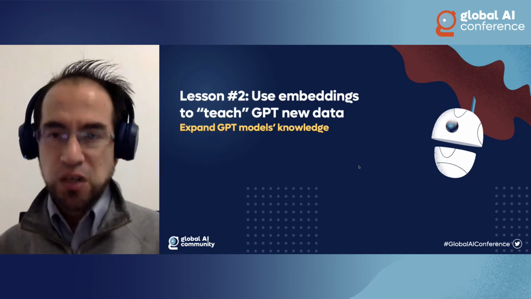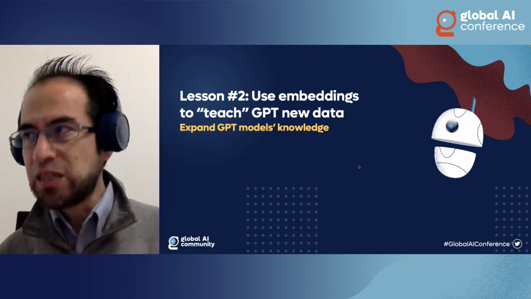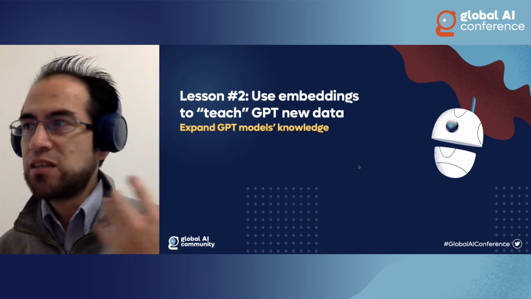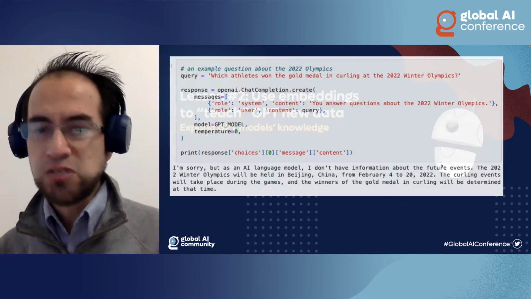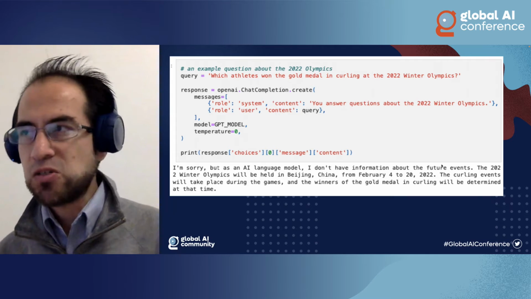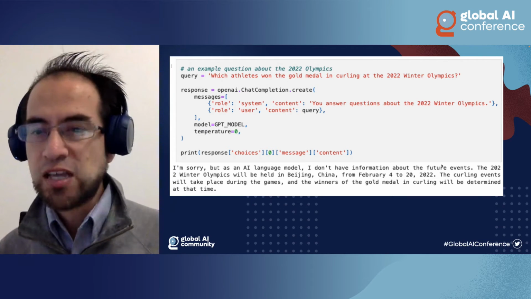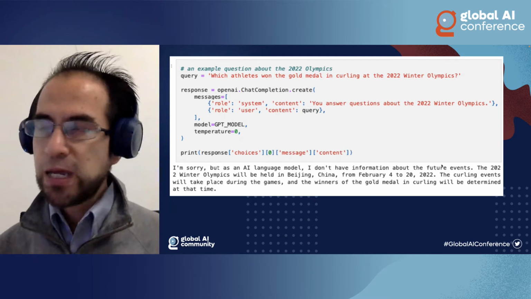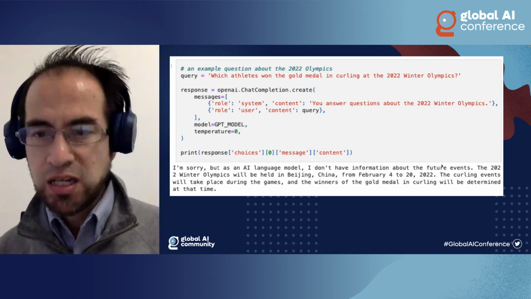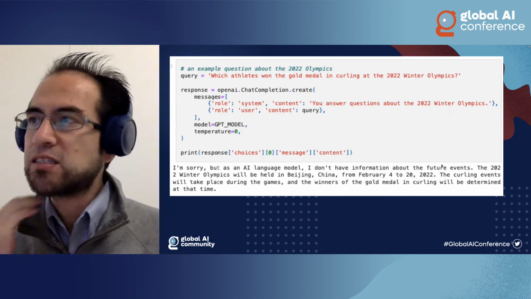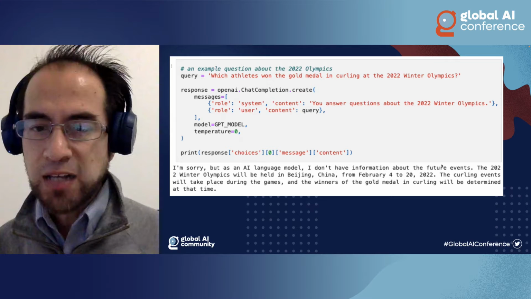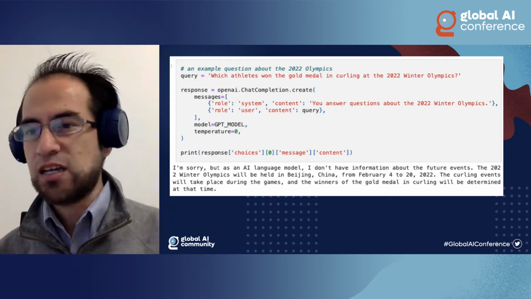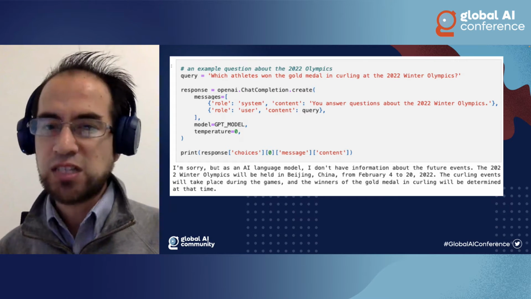Second one: use embeddings to teach GPT new data. You can actually expand the knowledge of the GPT models by using these techniques. GPT excels at answering questions, but only on topics it remembers from its training data. Because training data for GPT-3.5 Turbo and GPT-4 mostly ends around September 2021, the models cannot answer questions about more recent events, such as the 2022 Olympics.